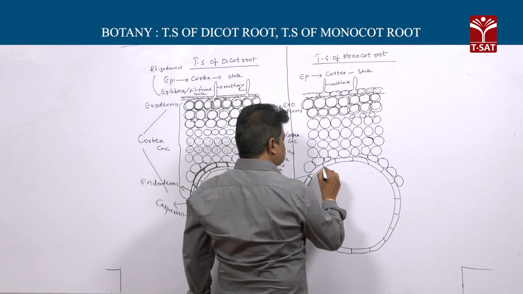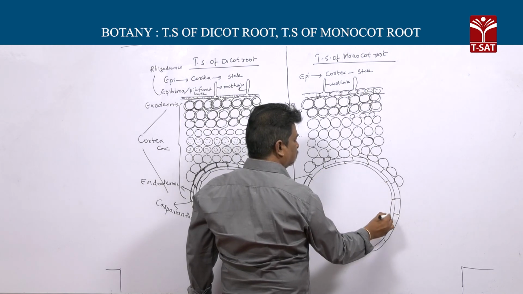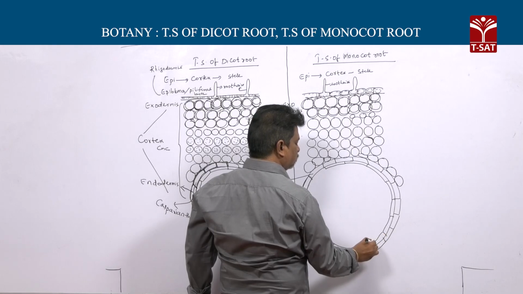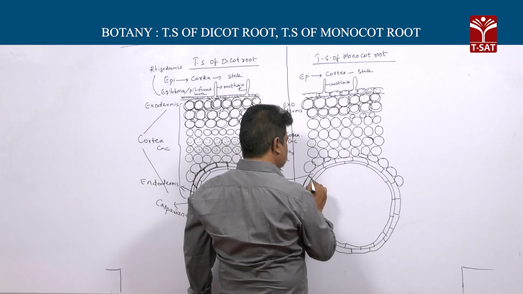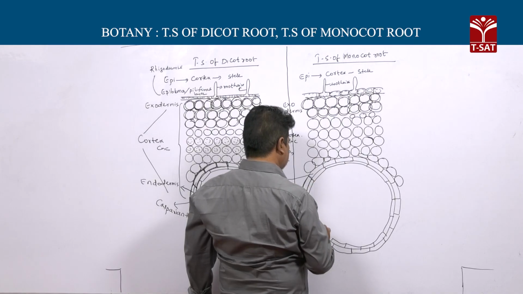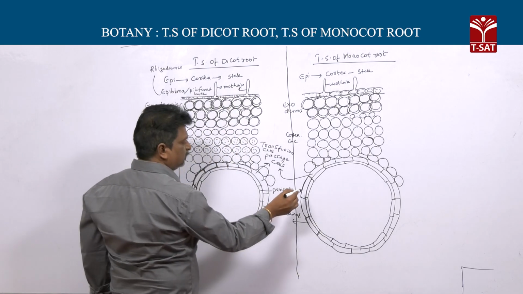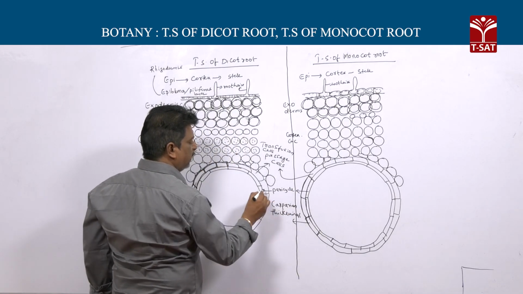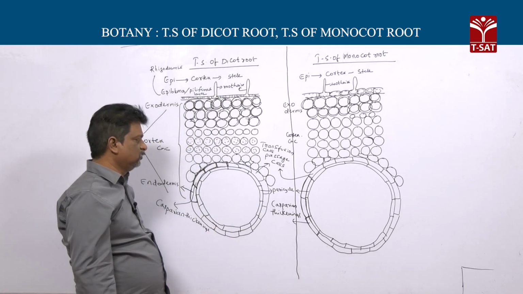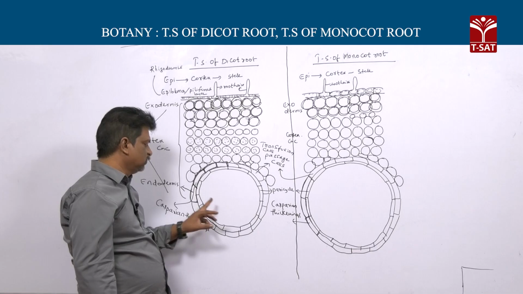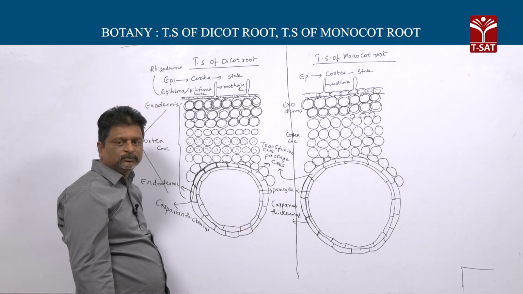In dicot and monocot root, by differentiation this pericycle produces lateral roots. So, both in dicot and monocot root, the common function is that pericycle produces lateral roots.